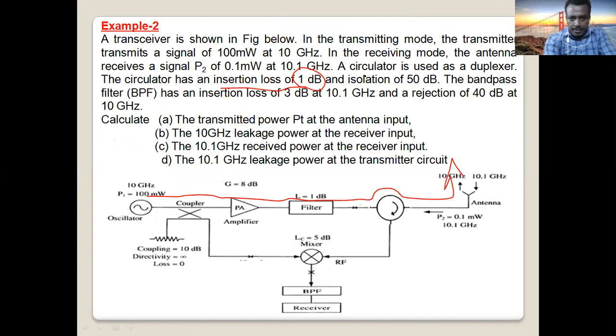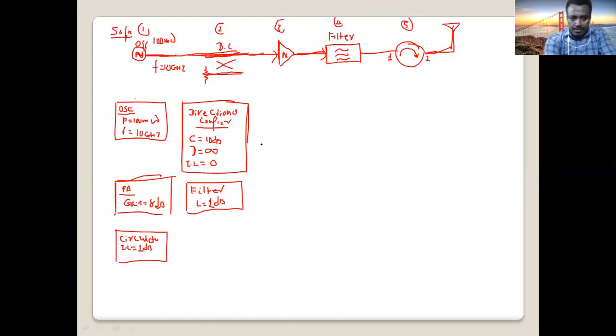Isolation is given for this circulator as 50 dB. When the signal goes in the wrong direction, we subtract 50 dB. When the signal goes in the correct direction, we lose only 1 dB. That is our circulator. How many devices? 1, 2, 3, 4, 5.